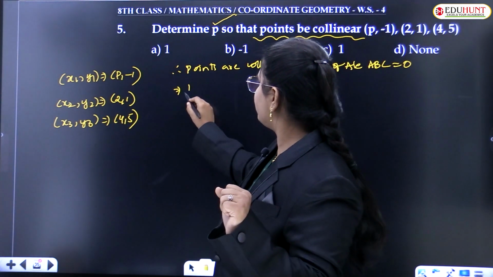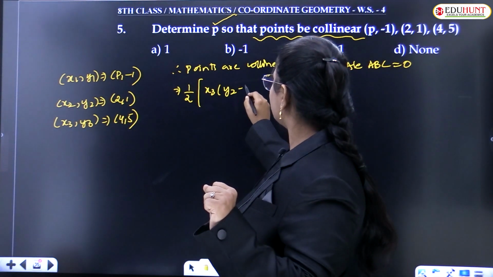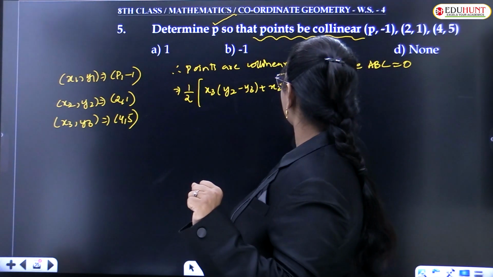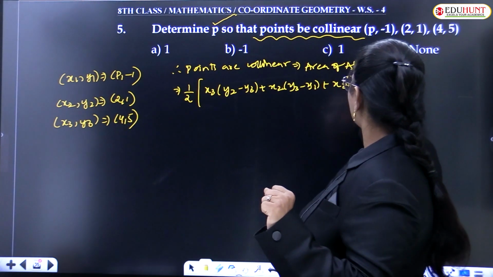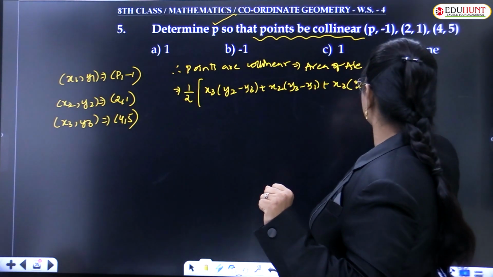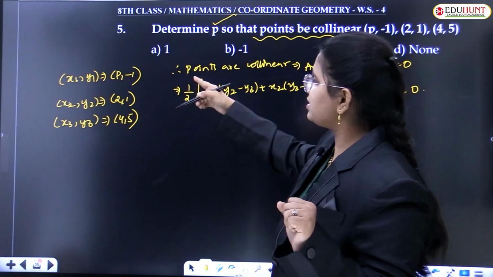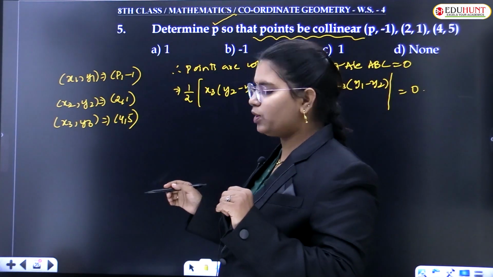Half x1 into y2 minus y3 plus x2 into y3 minus y1 plus x3 into y1 minus y2, which is equal to 0. Let's substitute all the values x1, y1, x2, y2, x3, y3 in the above formula.